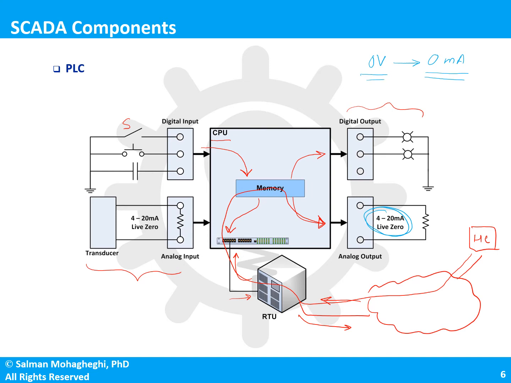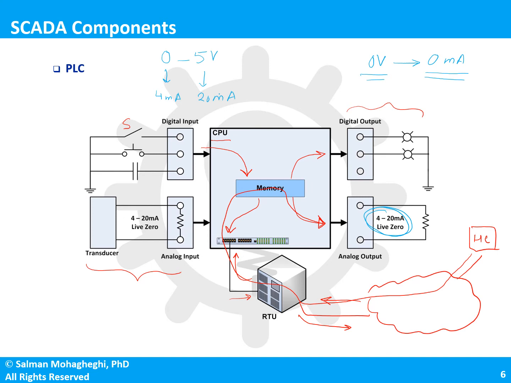So in order to distinguish between the two, we say if the analog value changes from 0 to 5 volts, as an example, it doesn't have to be these values, but just as an example, I code this as 4 milliamps and this as 20 milliamps. So if I read 4 milliamps, I know that the system is operational, the circuit is connected and operational because I have current flowing through it.